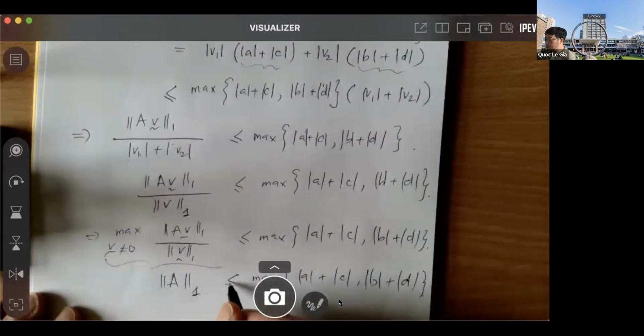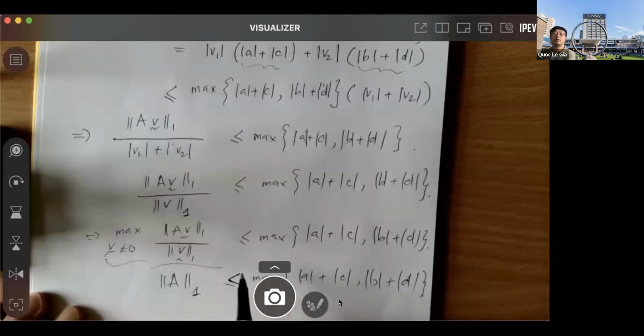It's always less than or equal. And now we just need to show that, in fact, equality can happen, and then we are done.